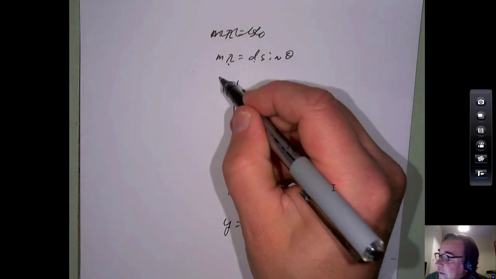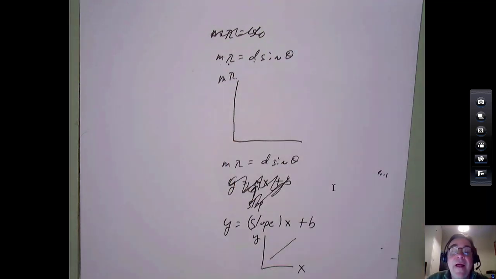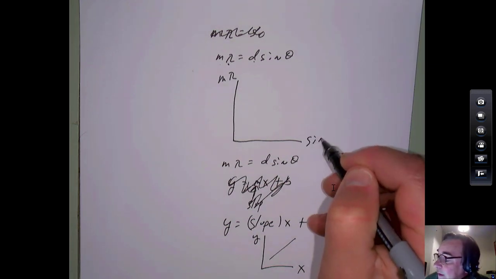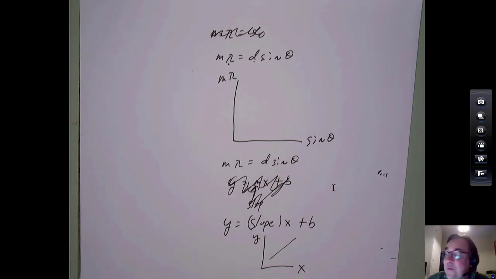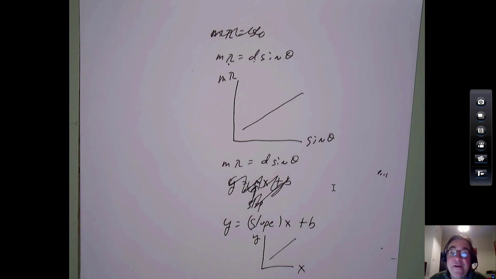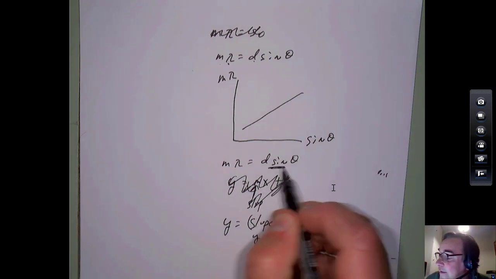So if we have m times the wavelength on the y-axis, really the vertical axis, and you put the sine of theta on the horizontal axis, and you plotted this, the slope is whatever comes in front of the x variable. The x variable in this example is the sine of theta.